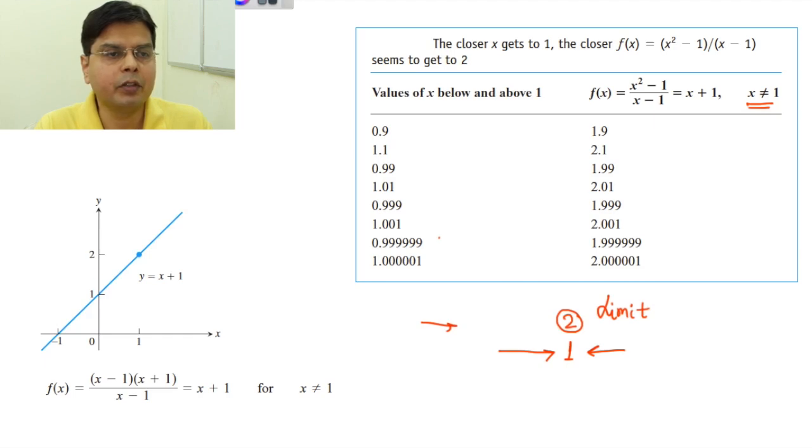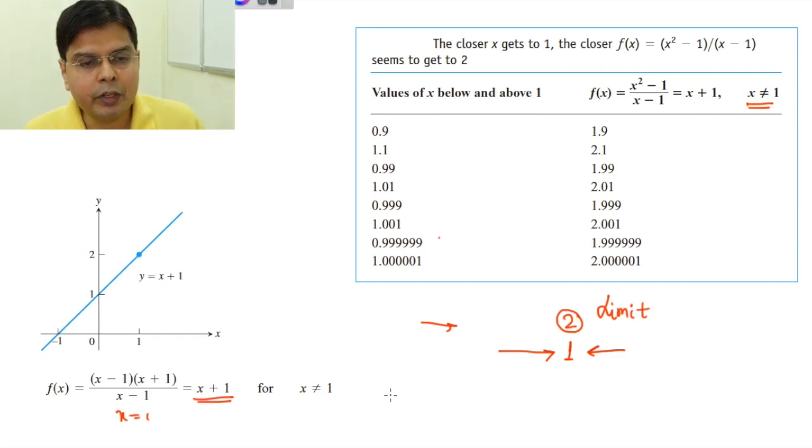And this is because of a very simple property I will show you in a subsequent class. You see what happened, suppose I had to find this limit of this function. I cannot put x is equal to 1 in this, because the moment I put x is equal to 1, I will get 0 by 0, which is not defined. But I can put x is equal to 1 in this thing. This is a very simple polynomial.